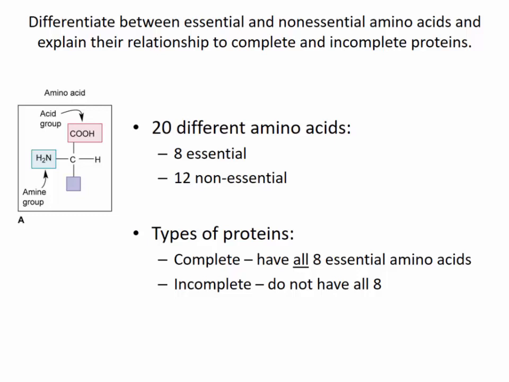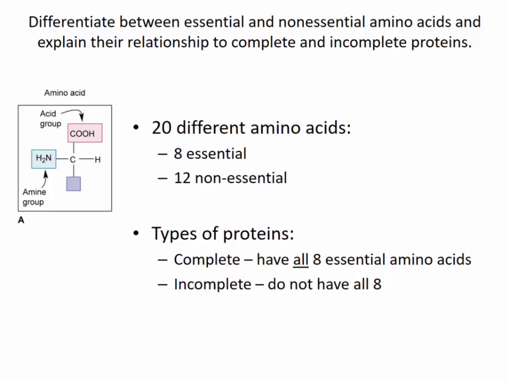Complete proteins have all 8 essential amino acids, while the incomplete proteins do not have all 8. So where do we get these different types of proteins from? Animal sources of food have complete proteins. They have all 8 essential amino acids. Other sources of food, so plants, like vegetables and fruits and beans, are incomplete. They do not have all 8 essential amino acids.